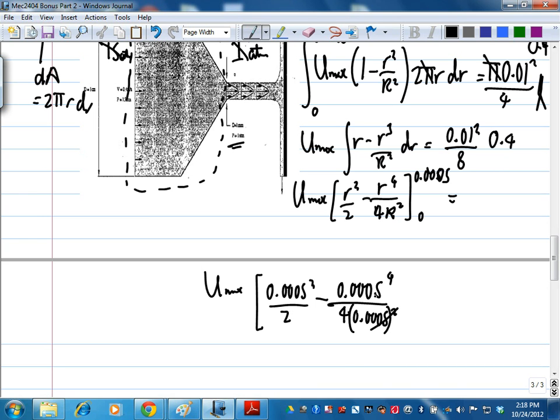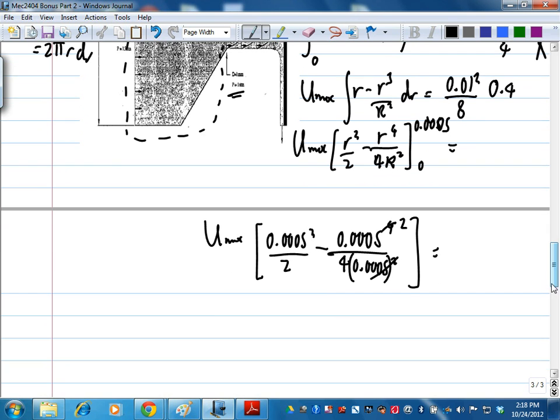Okay, this one actually can cancel out. Is equal to, what's this answer here? So Umax is equal to this one, 0.0005.